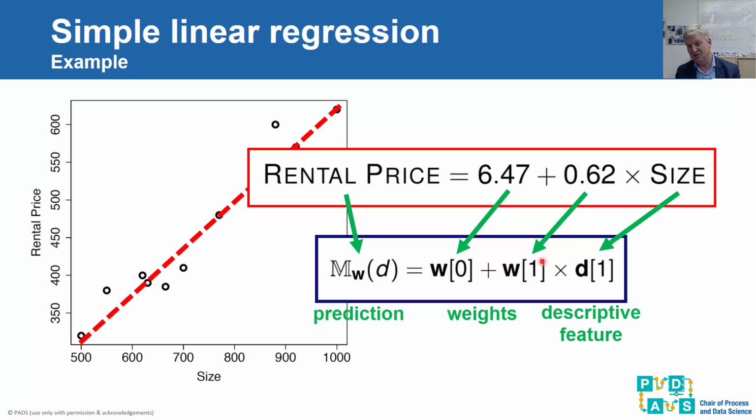As mentioned before, there could be any number of descriptive features, but here we only have one. That's why the formula looks like this. And D1 is the value of the descriptive feature. I think this is very simple, but this is just to make you get used to the notation that I will be using on the slides and that you will also find in the book.